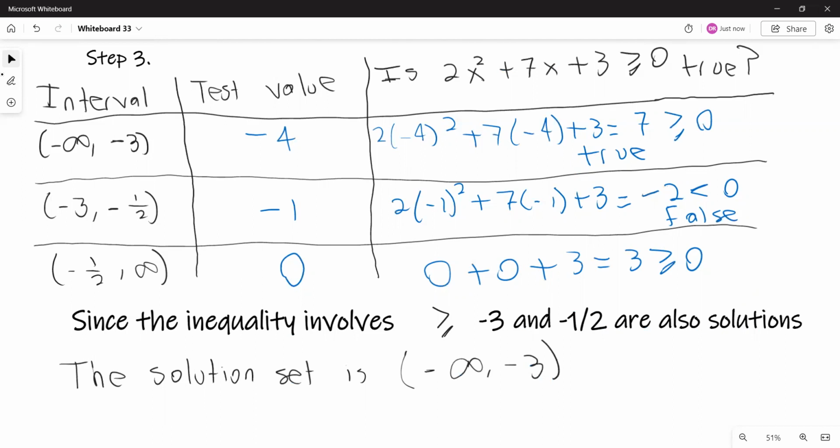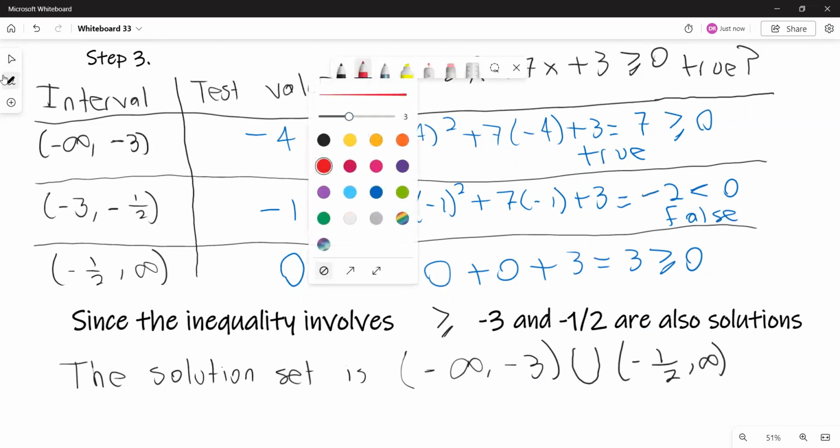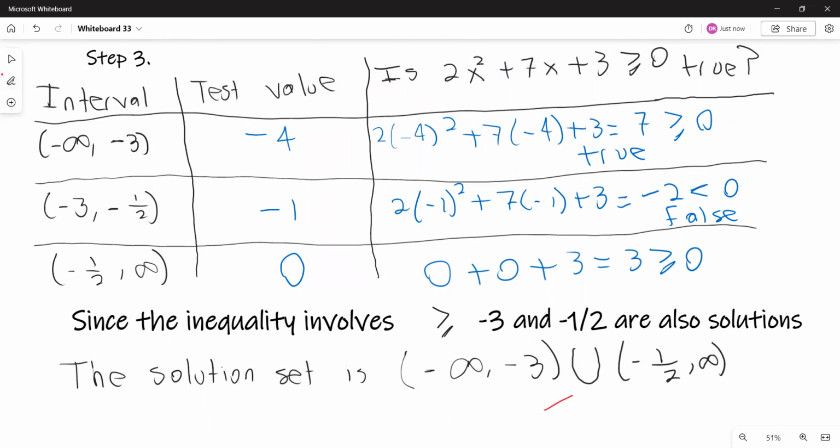We use the union symbol that I mentioned when I was reading the interval notation. So this symbol means union. We have two disjoint intervals, that is, two intervals that don't have any numbers in common, so we write this as a union of two intervals.